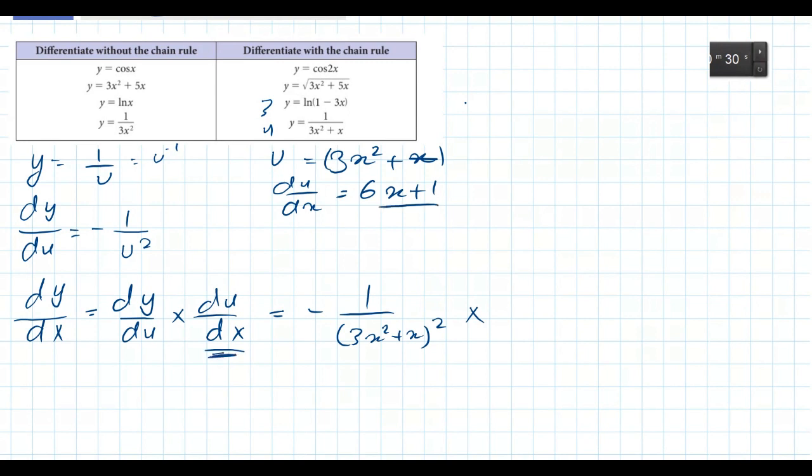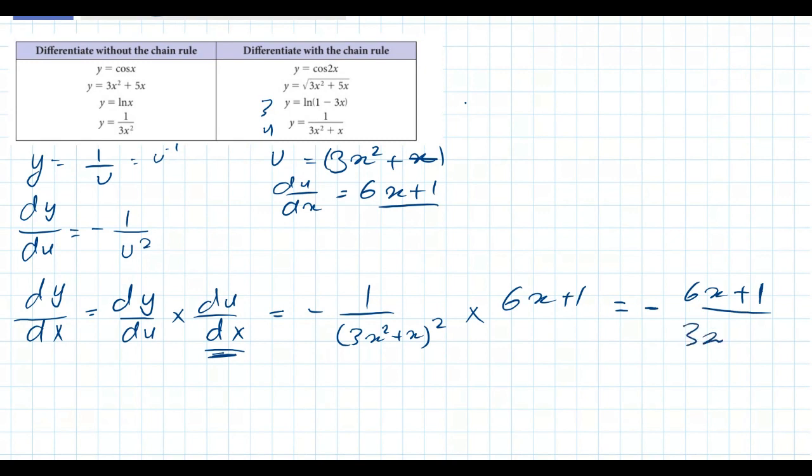And 6x plus 1 in the numerator equals negative 6x plus 1 over 3x squared plus x all squared. Is it clear? Yes. Okay, thank you.